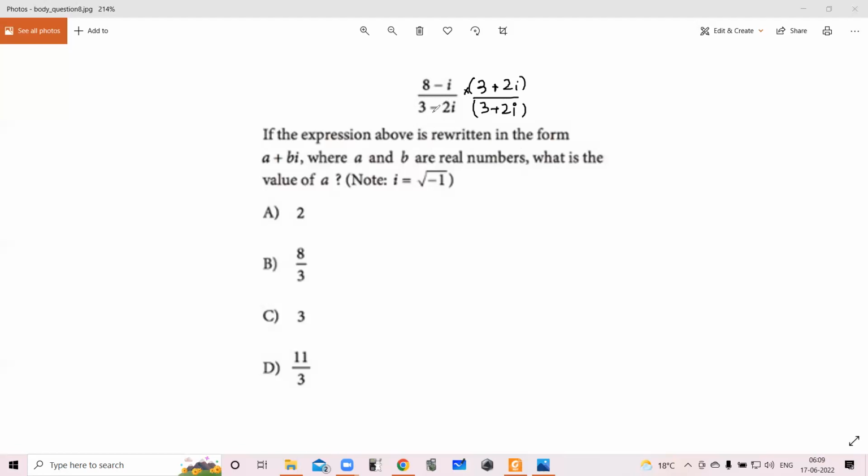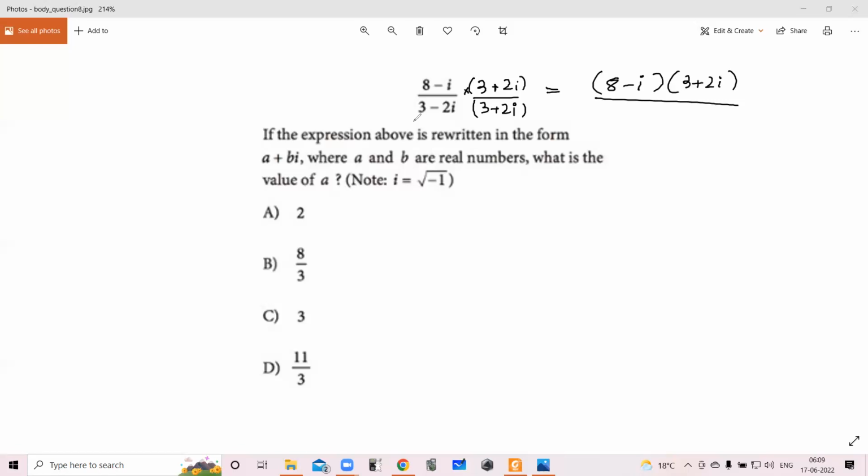If that is 3 minus 2i, it'll be 3 plus 2i. So this gives you 8 minus i times 3 plus 2i, because numerator is multiplied with the numerator and denominator with the denominator.